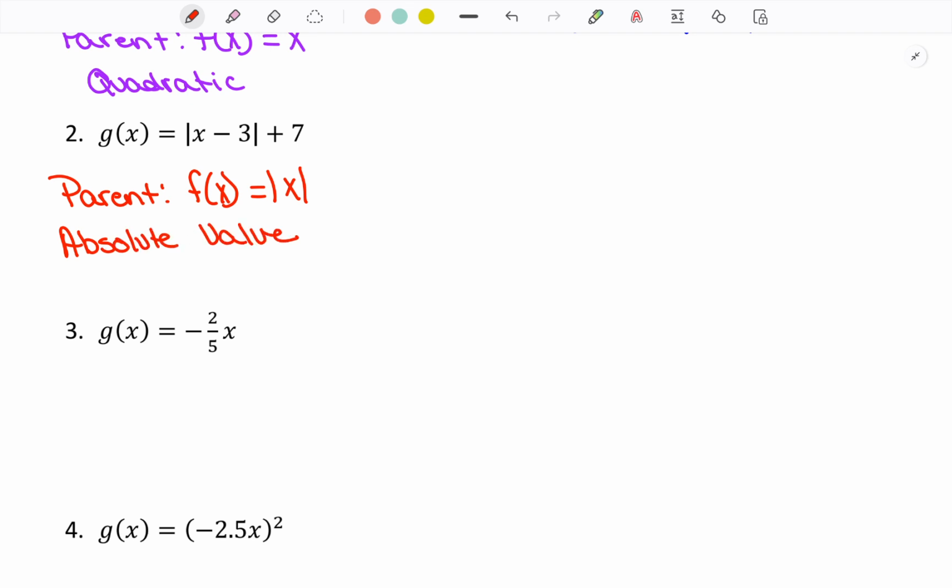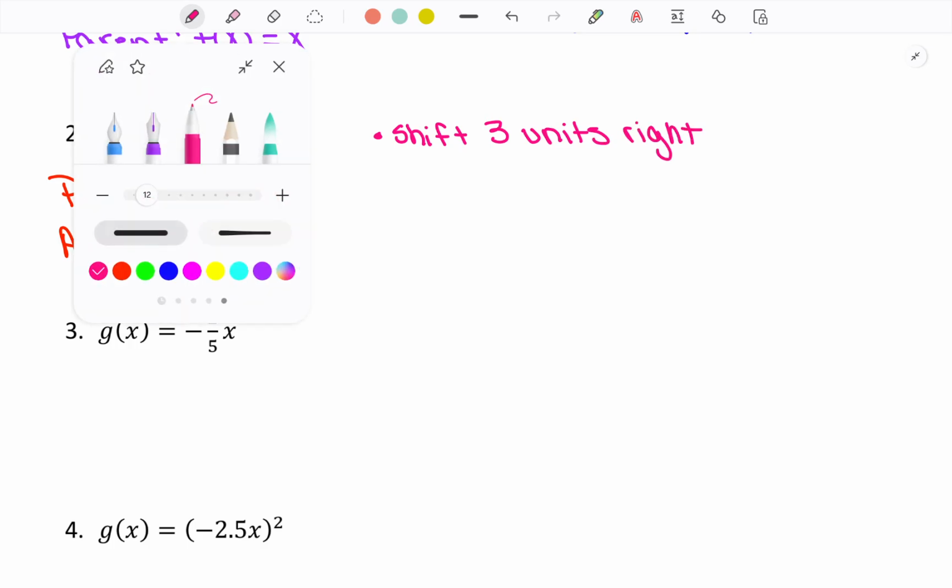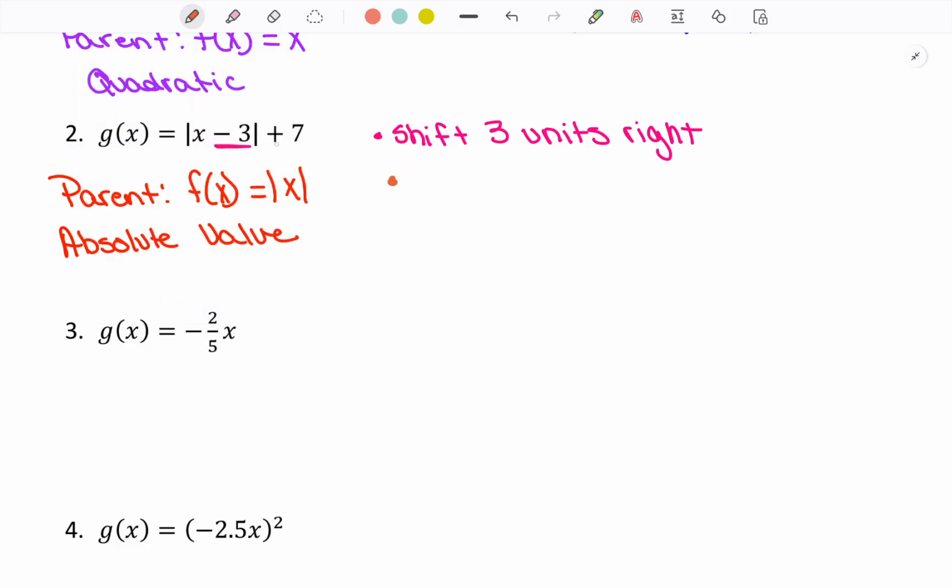So we have that minus 3 inside the absolute value, which is going to shift 3 units to the right. And then we are going to shift up 7 because of the plus 7 at the end.